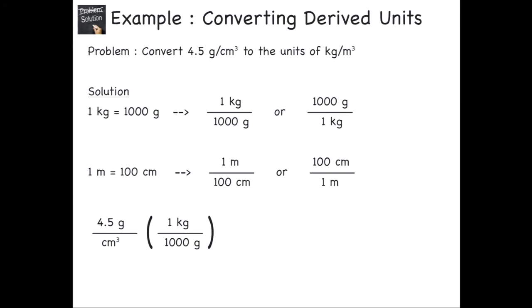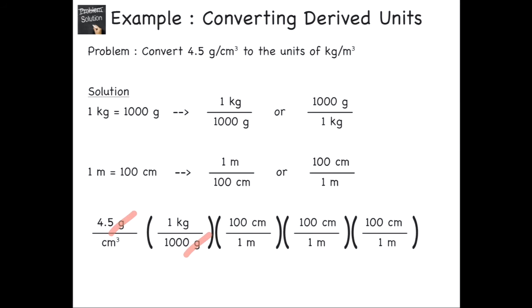But we have centimeters cubed. I only gave you something for centimeters. But centimeters cubed is just centimeters times centimeters times centimeters. So now I'm just going to apply this conversion factor that has the centimeters on the bottom so it has a chance of canceling these centimeters cubed. Apply it 3 times. So this centimeter times this centimeter times this centimeter cancels out that centimeter cubed.